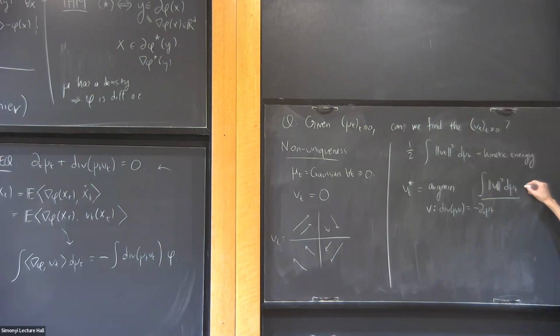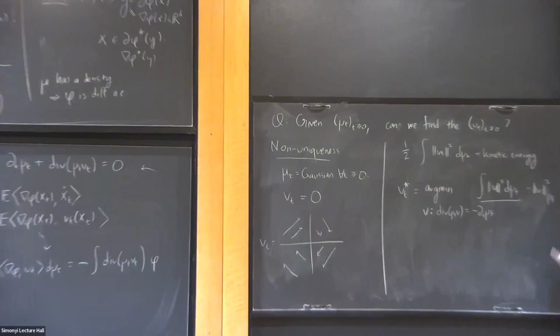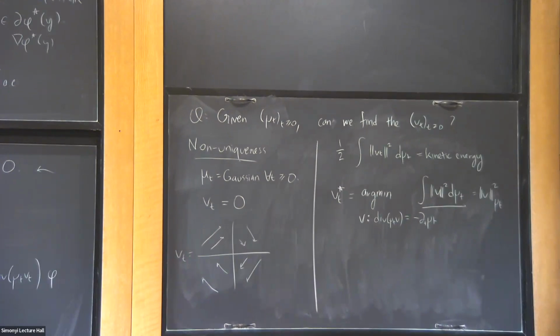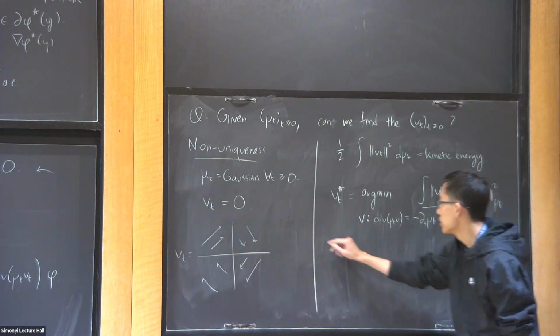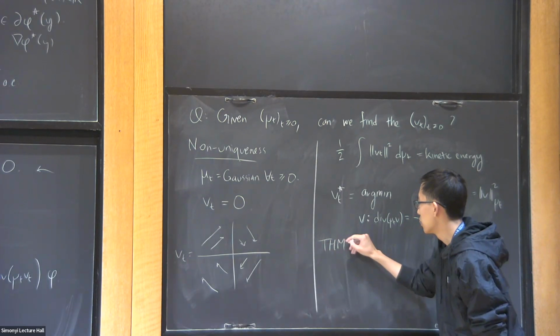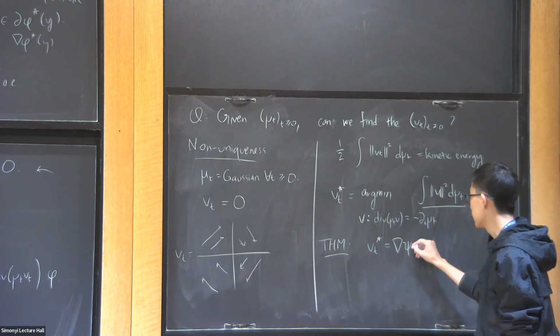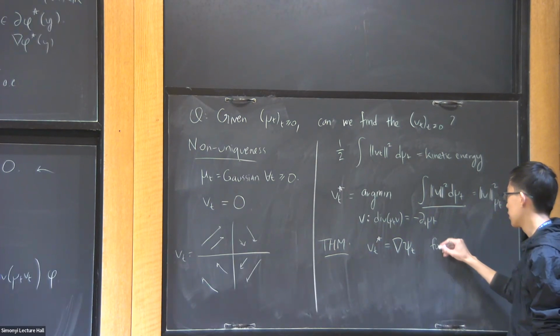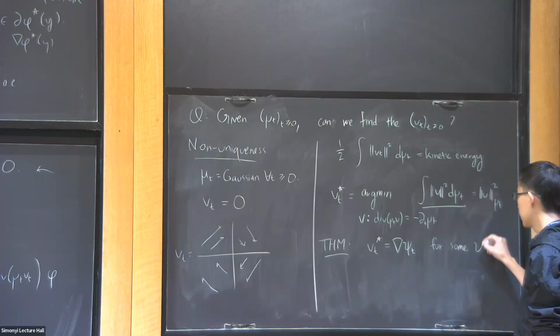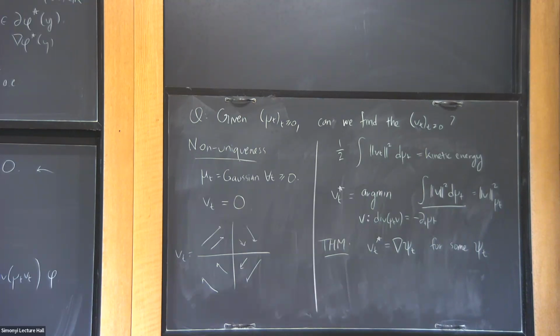This is just the L2 norm with respect to the current distribution. Okay, and it turns out that the solution to this problem is that Vt star is the gradient of some function psi t. This is a characterization of the minimizer.